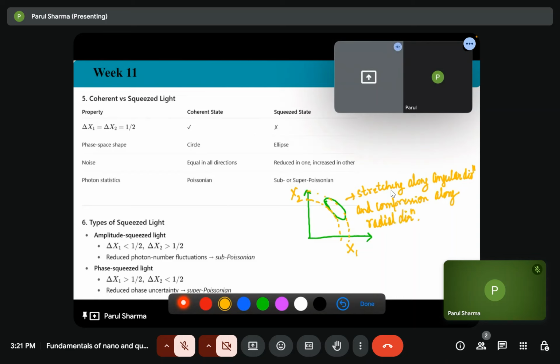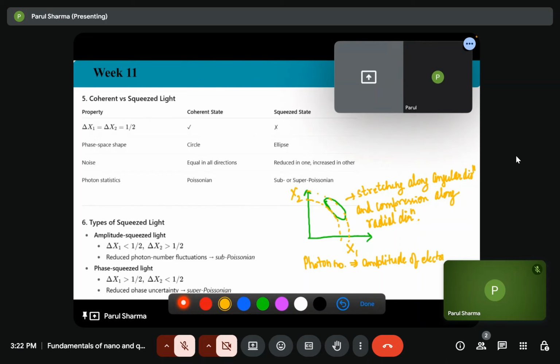Okay, so if there is compression in the radial direction, then we know that the photon number corresponds to the amplitude of the electric field.